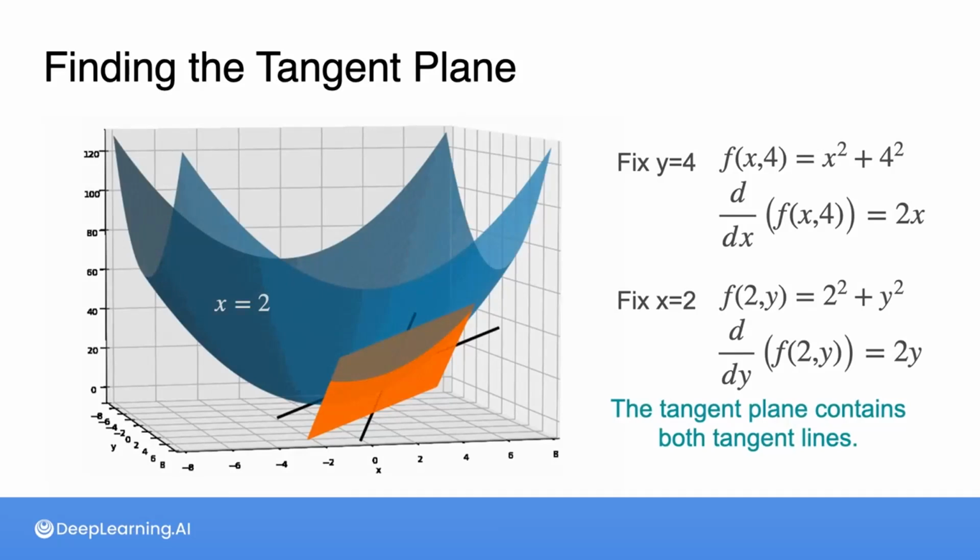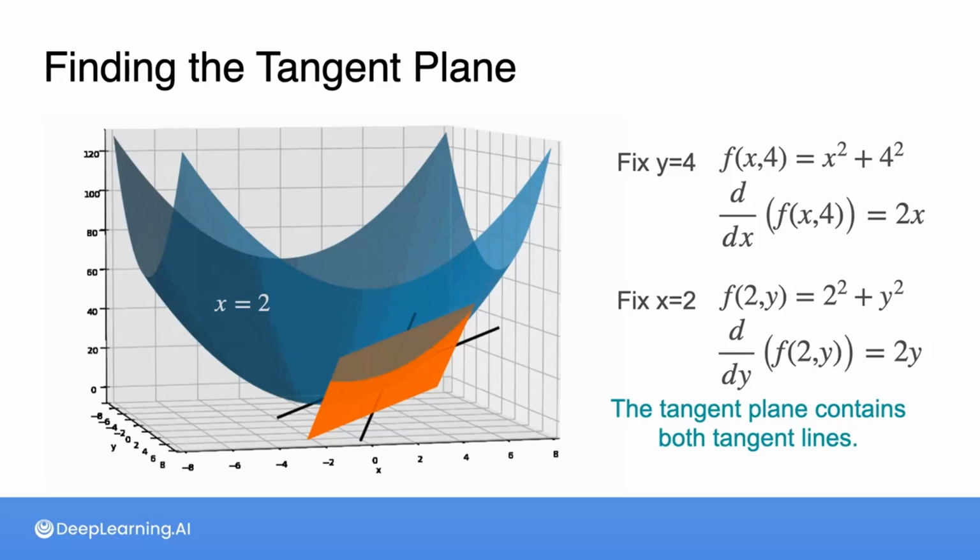So what were the calculations we did here? When we fixed y equals 4, we cut the space with a slice, and we let y equal 4. That's why the function f of x, 4 became x squared plus 4 squared, because y is 4. That function is easy to differentiate with respect to x. The derivative is 2x, so that's the slope of one of the lines.